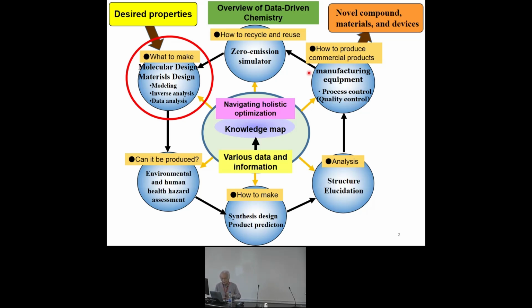And the information of this emission is reflected in the next material design. So namely, these units are connected as a cycle. These 6 units are important subjects in cheminformatics. And knowledge is created from many kinds of data and information to support these 6 units.